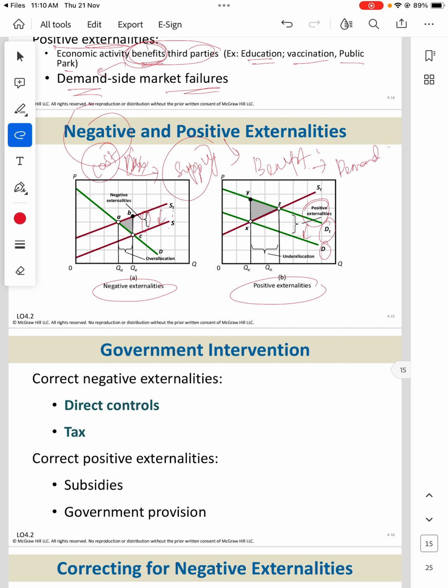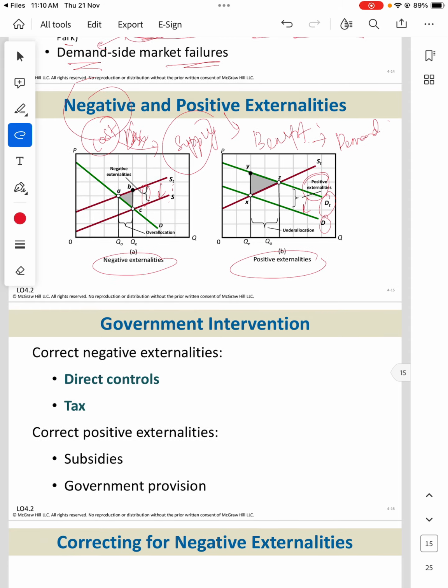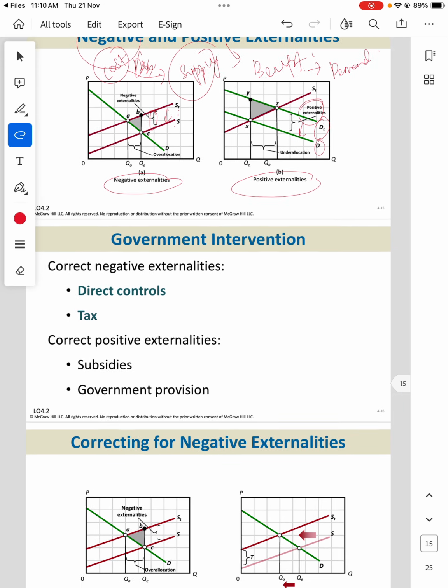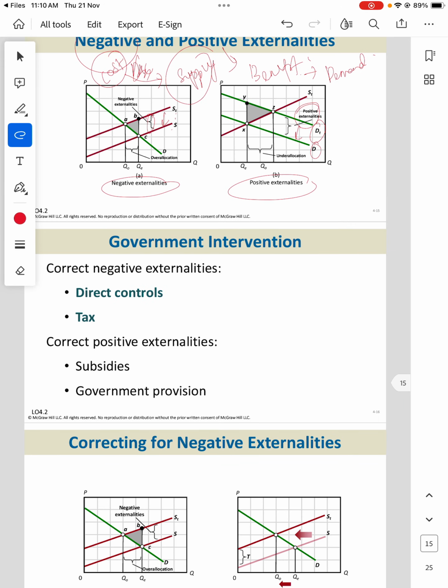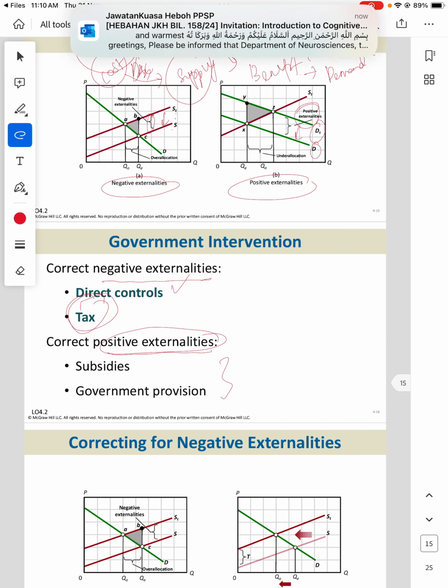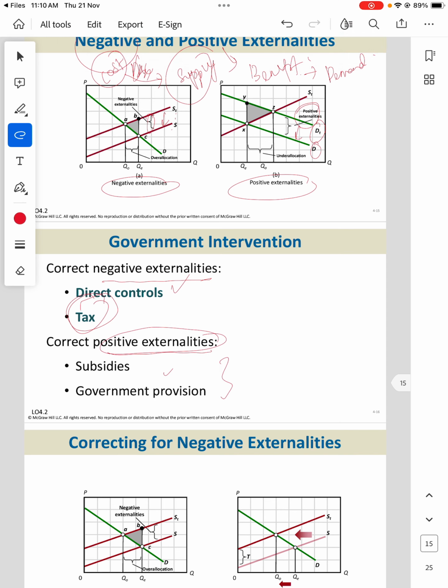Now we move here. How do we correct these externalities and make them go back to normal? We can correct negative externalities by introducing tax and also direct control, and correct positive externalities by introducing subsidies.